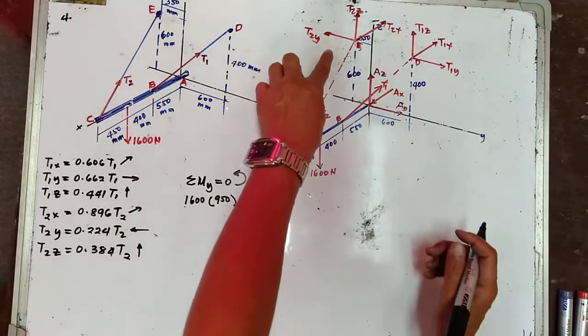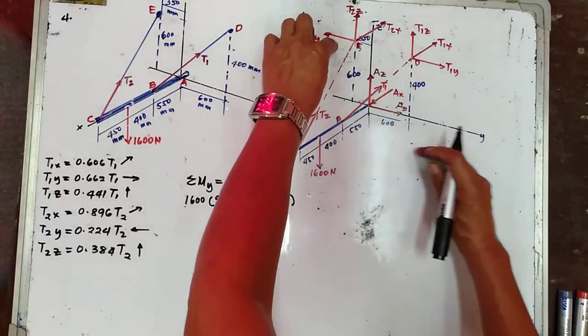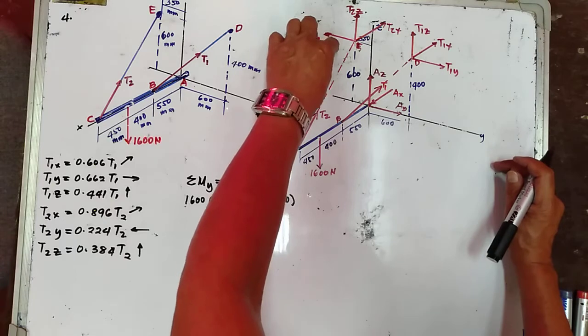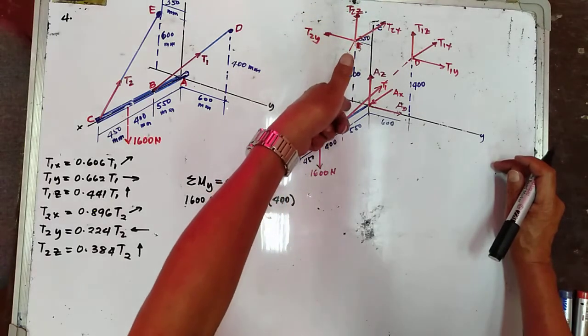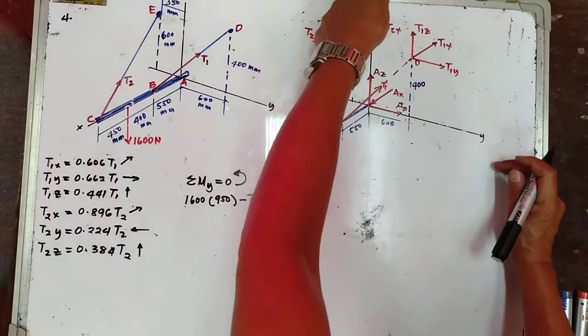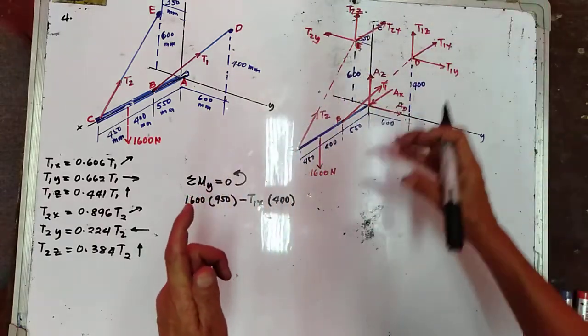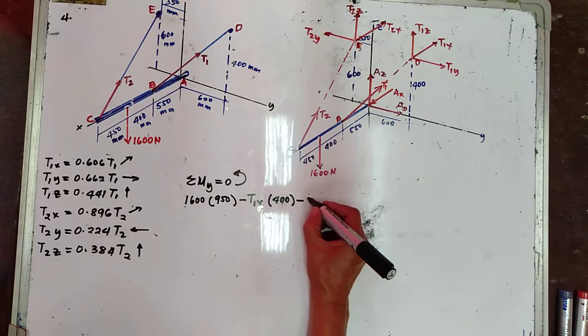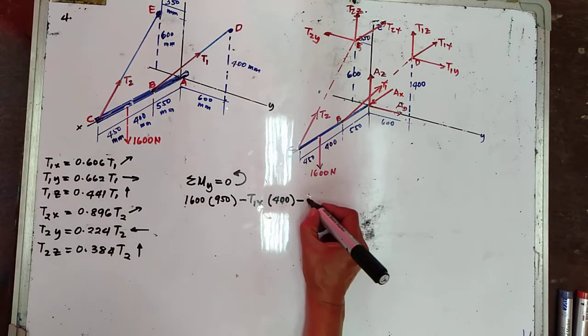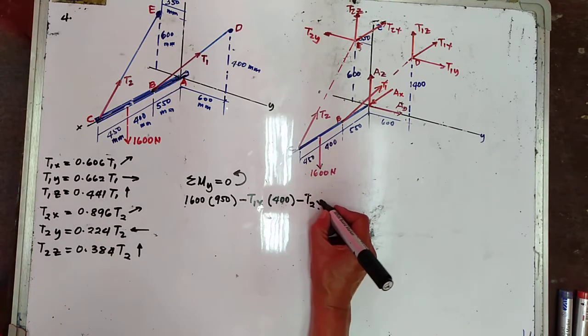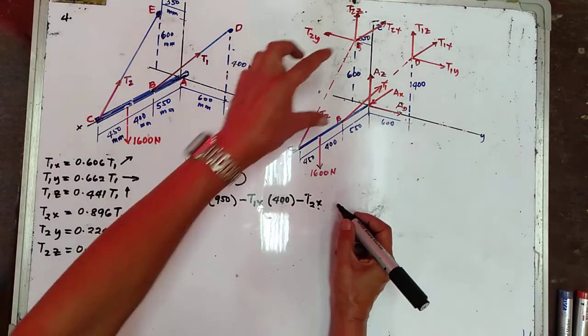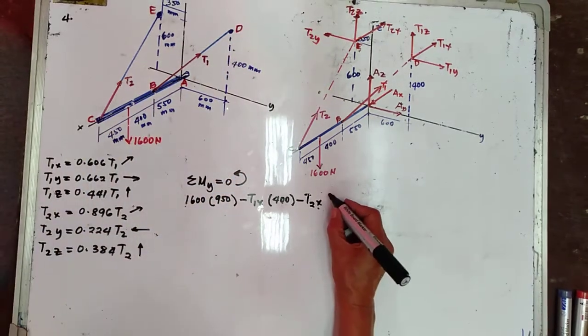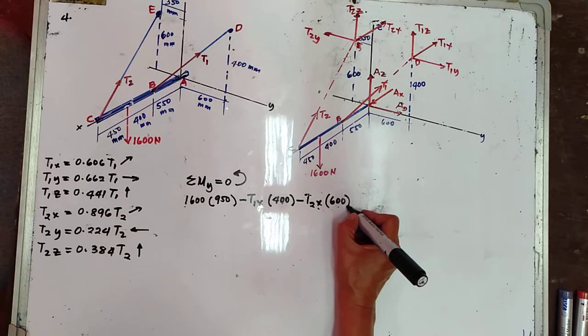Let's proceed to T2. T2Y is parallel to the y-axis, no moment. T2Z intersects the y-axis. So we have your T2X going clockwise about the y-axis, so minus T2X, multiplied by the moment arm, which is equal to 600.